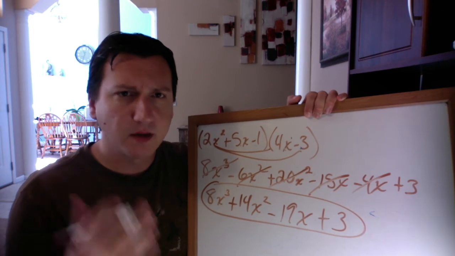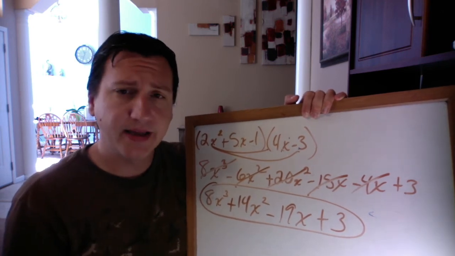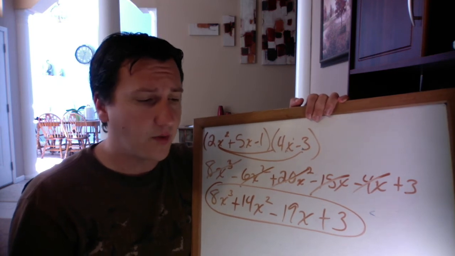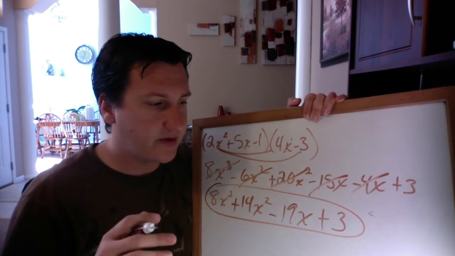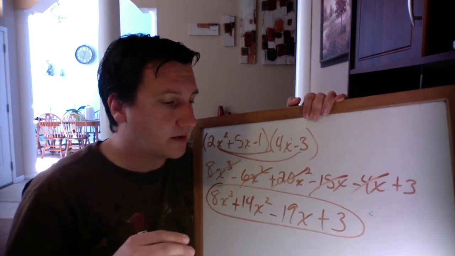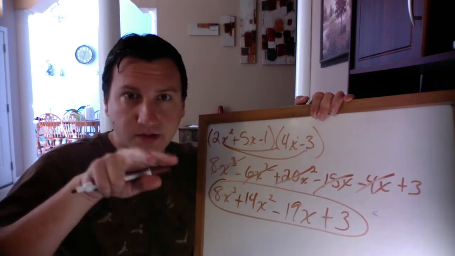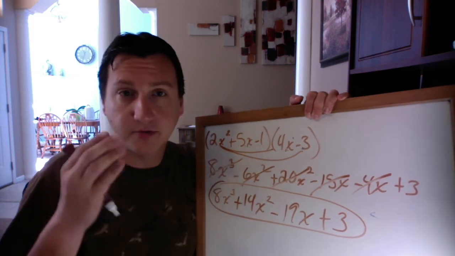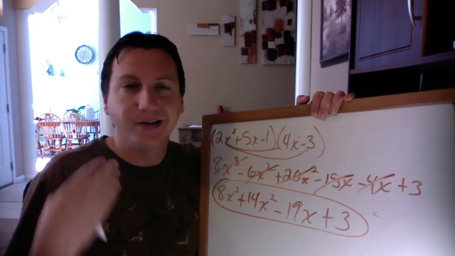Okay, so if you need to go back and look at that, please go back and look at those different examples. But what I want you to see is, regardless of whether it's like example 2, where there's just 2 terms in each polynomial, or example 4 that we just did that has maybe 3 or more terms, it's still the same thing.